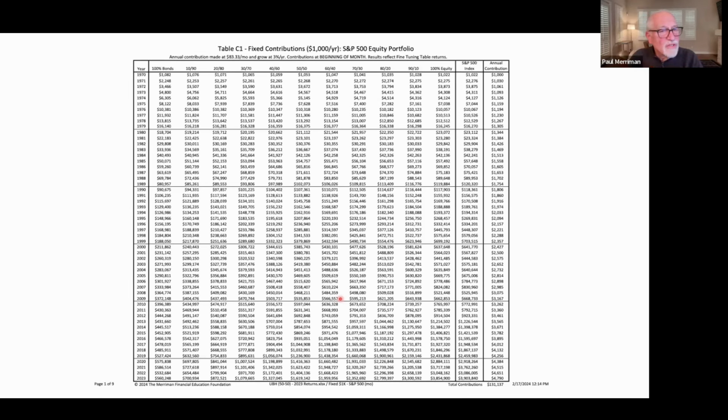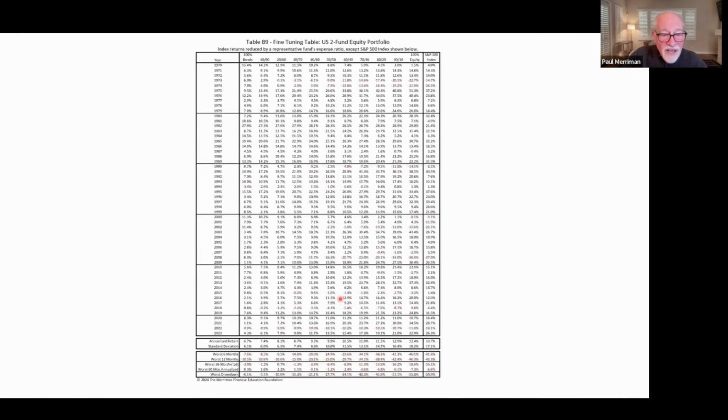Well, it may be those fine-tuning tables we talked about a little while ago. They're going to give you all these losing periods down here, and you're going to say, well, I certainly wouldn't want to ever lose more than 40% of my money, or 34% of my money. You're certainly not interested in losing 55% of my money.